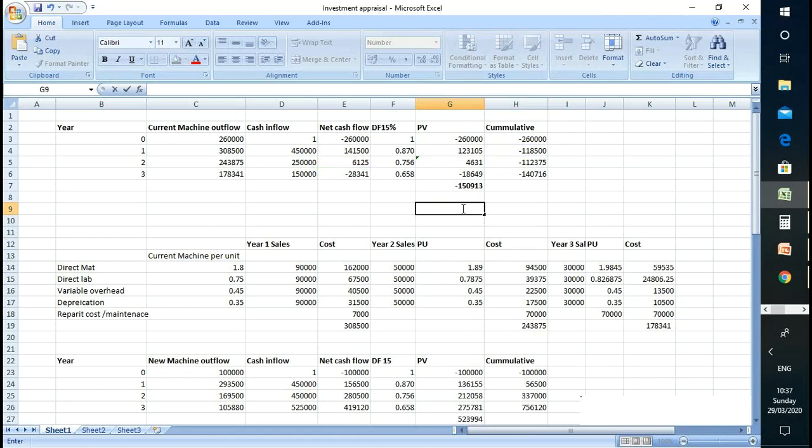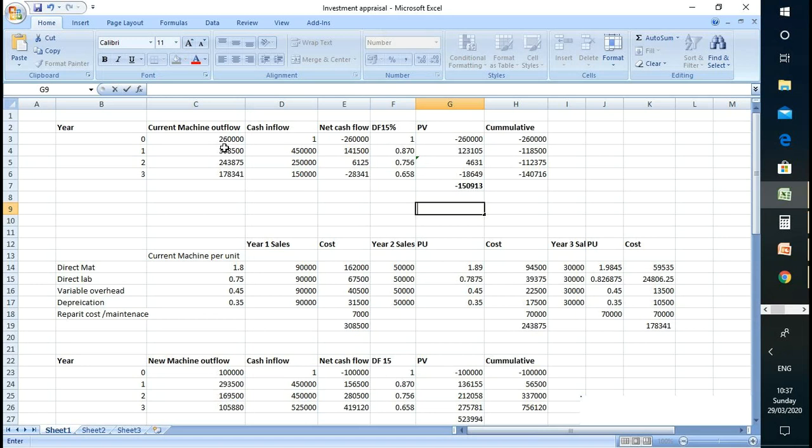Is that because you have a capital cost of 260,000 when it's an existing machine and you already own it? Are you not actually paying out that 260,000 in year zero? No, it doesn't matter, but it's the investment you have, the cost to you. Year zero, 260,000, the worth of the old machine.